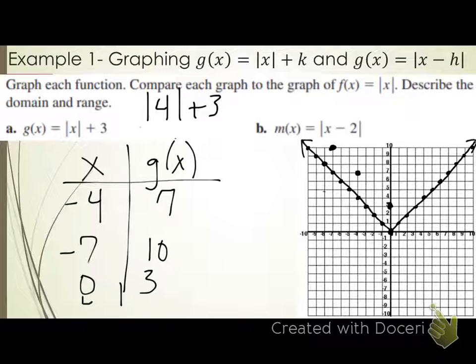What's 4 plus 3? 7. Right 4, up 7. And then another value, 7, 10. Does everyone see how I just picked values to plug in, plugged them in, got my ordered pairs?